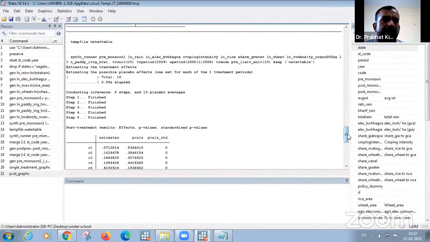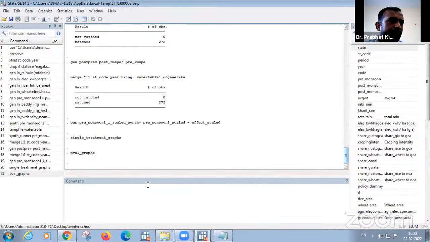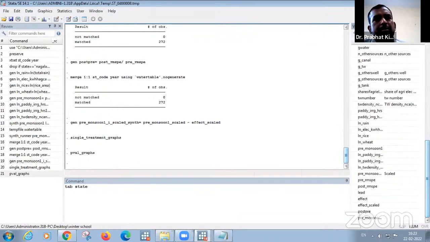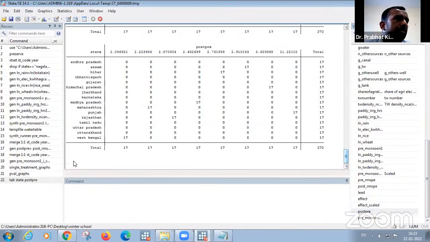Someone was asking about how that post and pre ratio is higher.